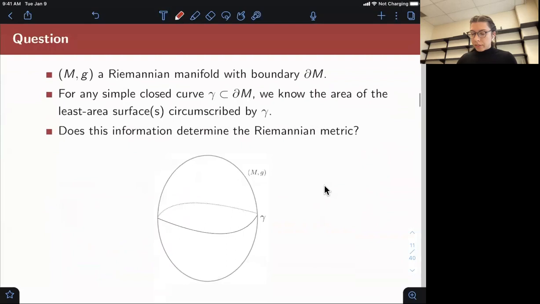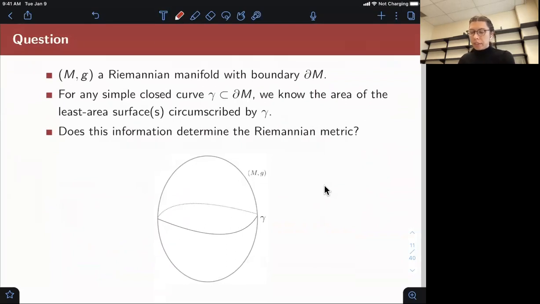So indeed, here's the question that I now pose. Let's consider a Riemannian manifold, which I'm denoting by M, and its Riemannian metric g, and it has boundary, partial M. Then for any simple closed curve gamma that sits on this boundary of the manifold, let's say I give myself the data that I know the area of any least area surface that I can fill in this curve with. Then can I use this information for any such curve, I know any of these areas?